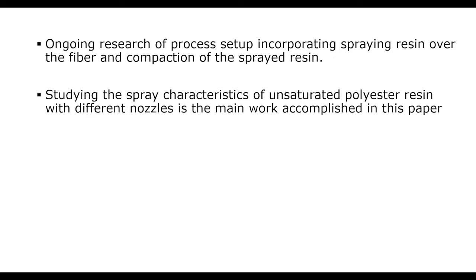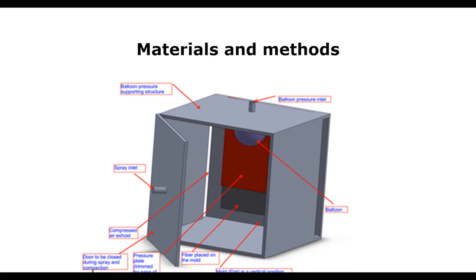It's possible to see here the general setup for the process, as you may observe. Here is the setup. We can call it the mold setup. This red one is a plate, and under this plate there is a laid fiber. The fiber is laid over here.